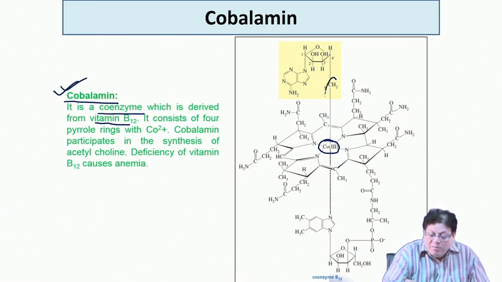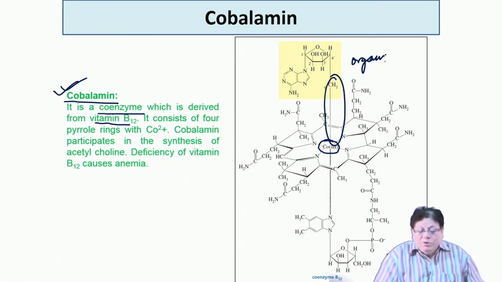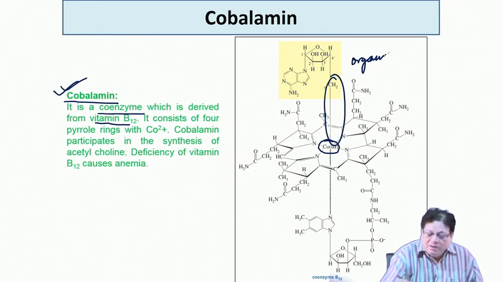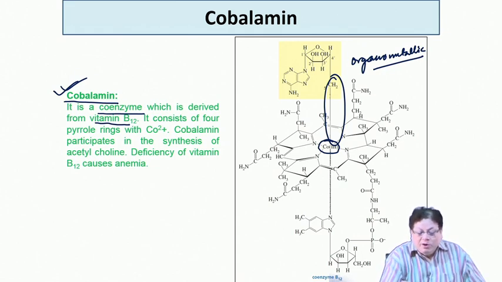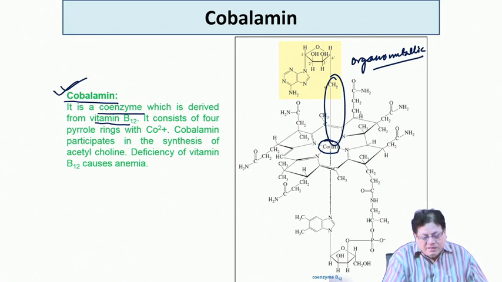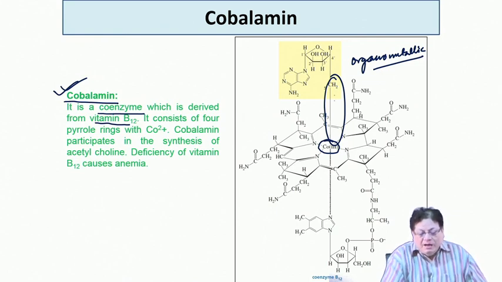This is an organometallic system, because organometallic means there is a carbon-metal bond. There is an organometallic bond between the CH2, that is the 5 prime CH2 in adenine, in the form of adenosine.